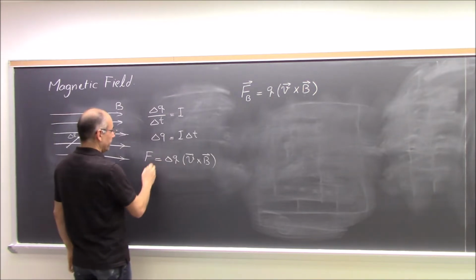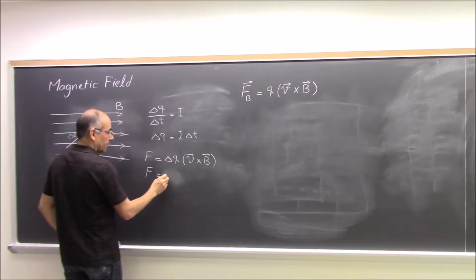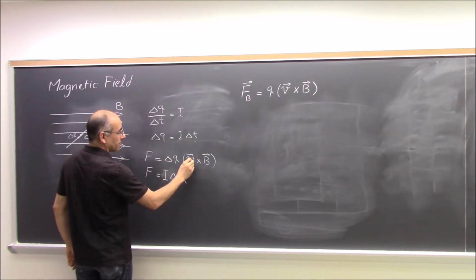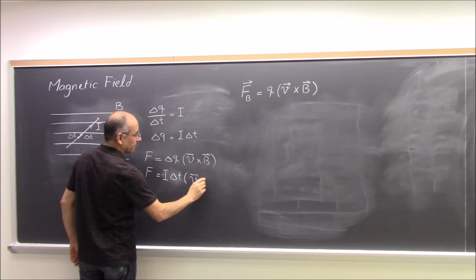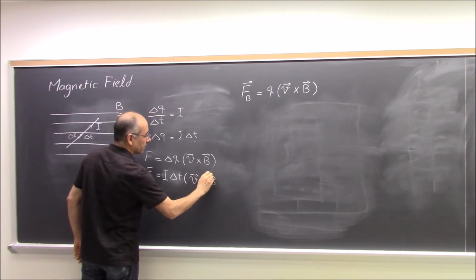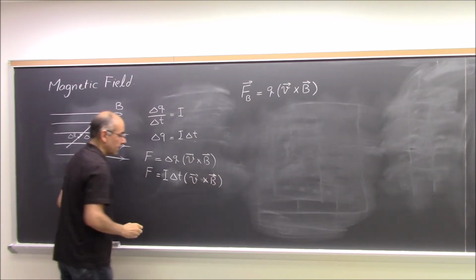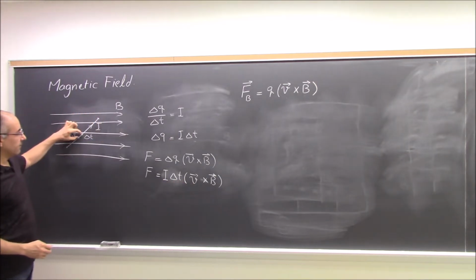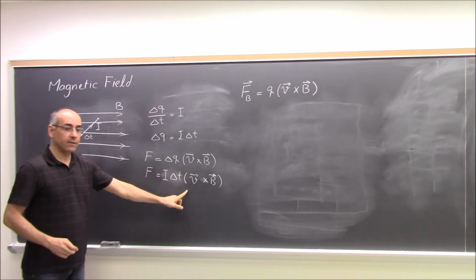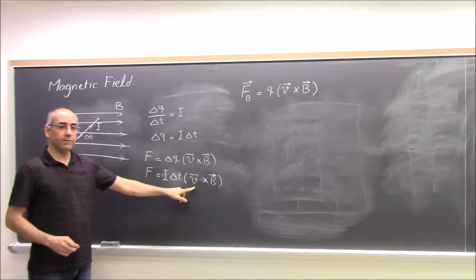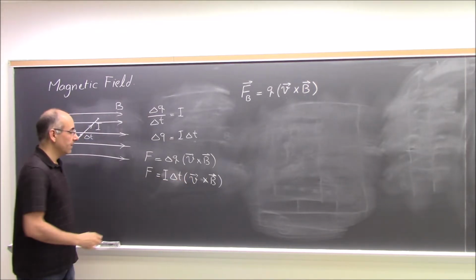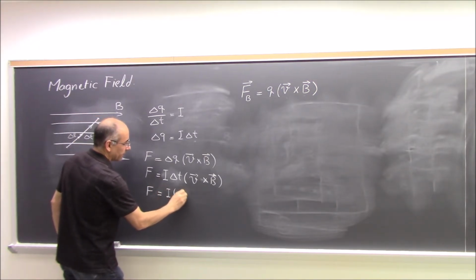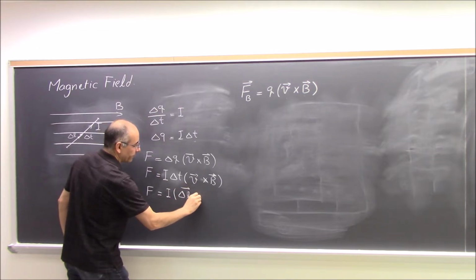So if you put F equal to I delta t times V cross B, and V delta t is delta L, or V is delta L over delta t, with delta t canceling, this becomes delta L. So F is equal to I delta L cross B.